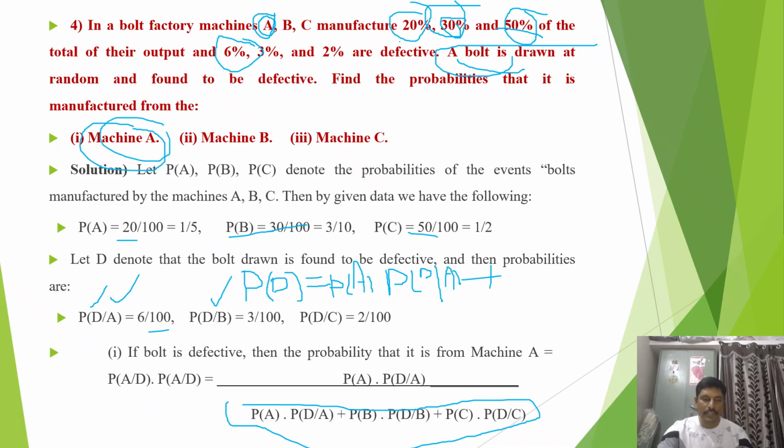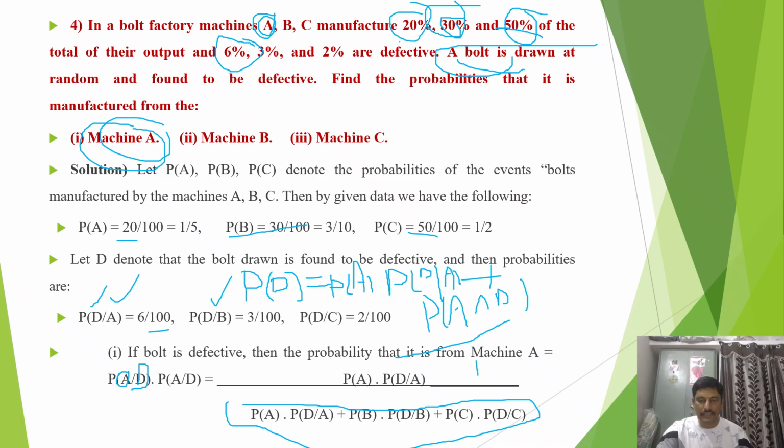What we need to find is P of A by D. We have drawn a defective bolt, but what is the probability it is coming from factory A? So P of A by D is equal to P of A intersection D by P of D.